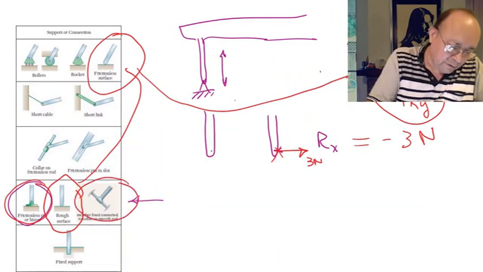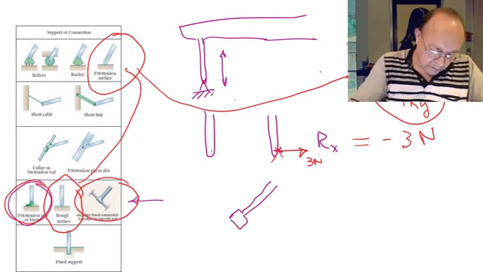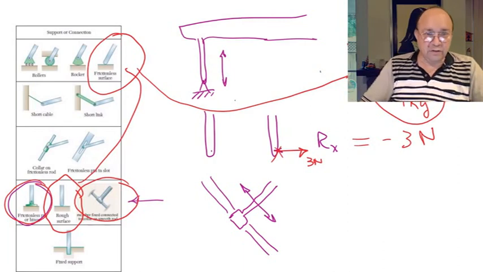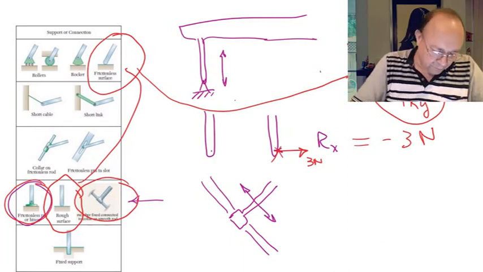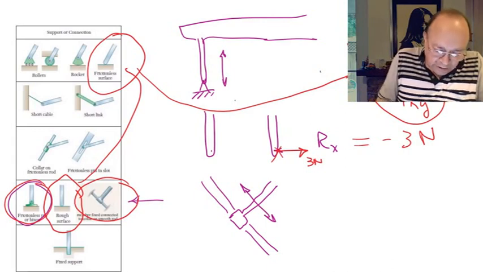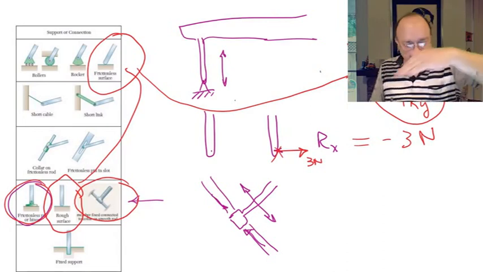If you have this kind of support with a collar like that, and there is a kind of rod here. If this body tries to move along the direction of the rod, it's going to move, because this is a smooth rod, so it's not able to apply force to oppose that motion in the direction of the rod.